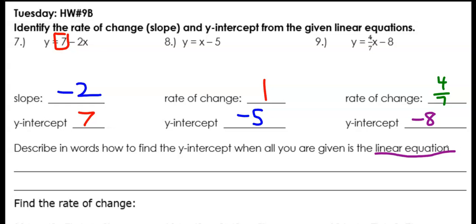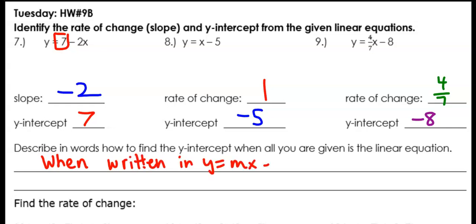They ask you to describe in words how to find the y-intercept when all you're given is the linear equation. So the first rule is it has to be written in y equals mx plus b form. So I'm going to say when written in y equals mx plus b form, or you could say when written in slope-intercept form, either one is acceptable.